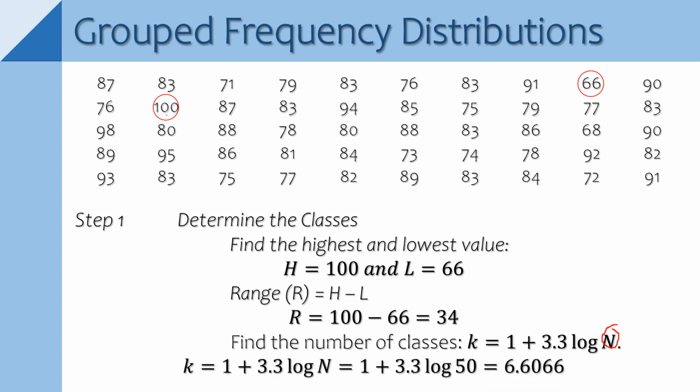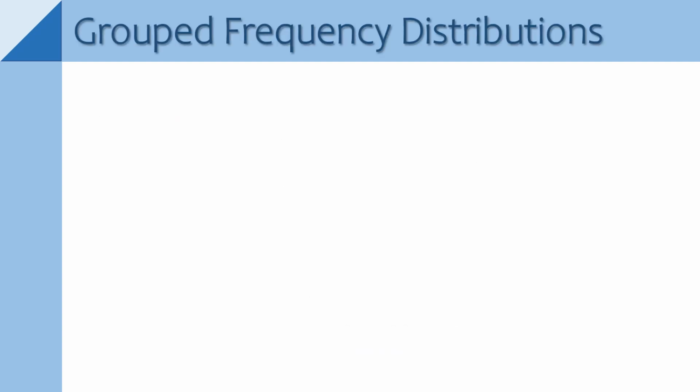So k is equal to 1 plus 3.3 log 50, which is equal to 6.6. That means there are approximately 7 classes, or 7 rows, that we will make in order to have the complete table. This k counts how many classes we have, that's why it's called the number of classes, or how many rows we have. Okay, so next step.